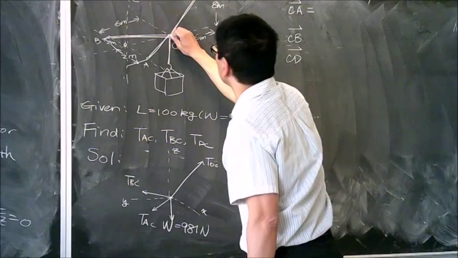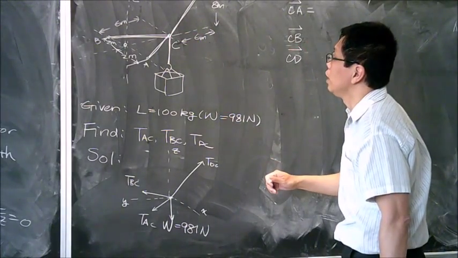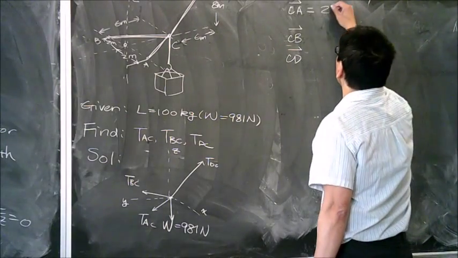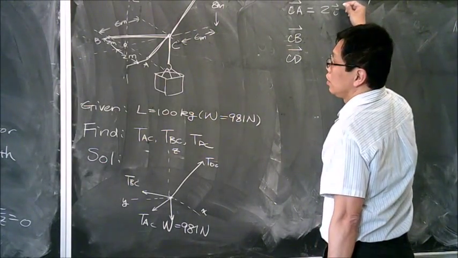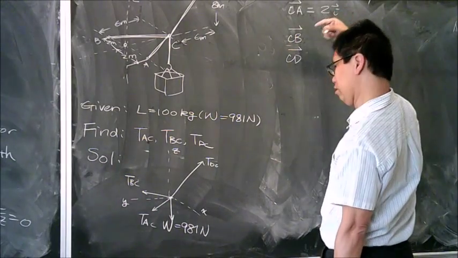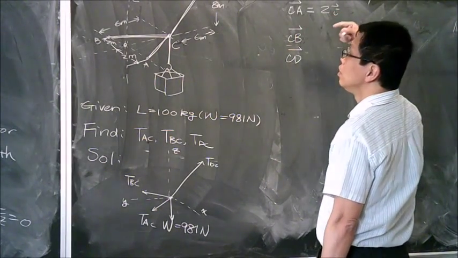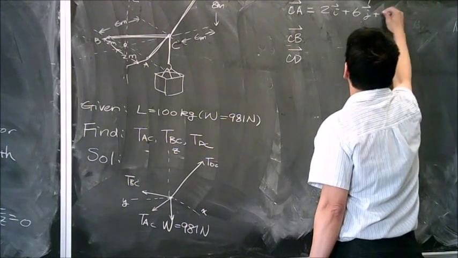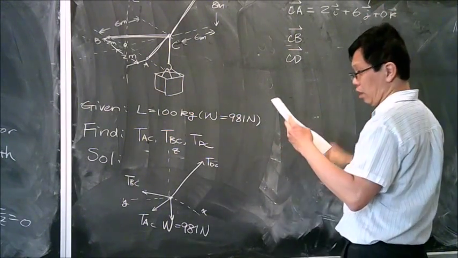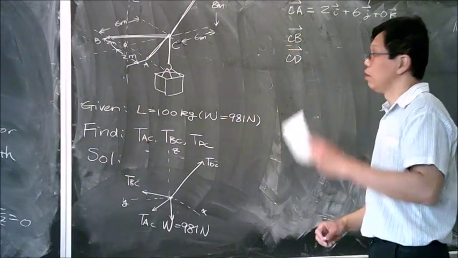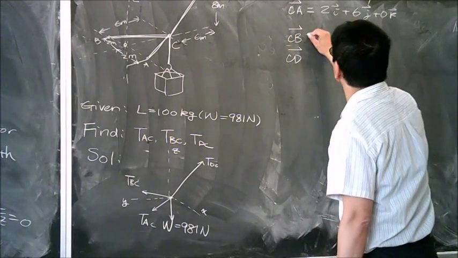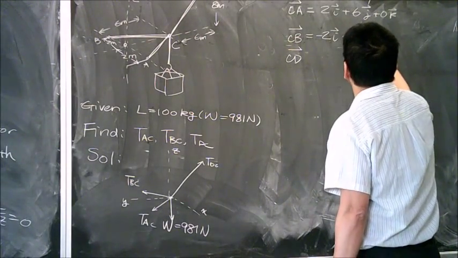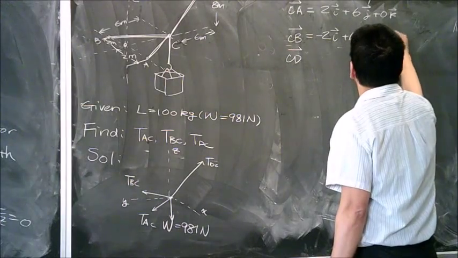So we start from this point. CA is going to be 2i, 6j, 0. Okay. And this one is going to be negative 2i plus 6j plus 0.